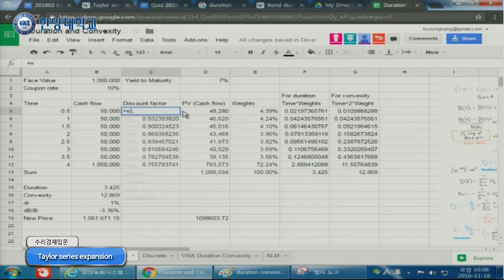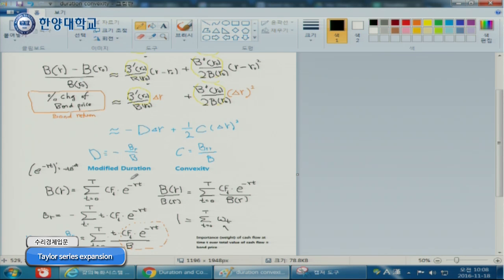So the discount factor is exponential of minus yield to maturity times time over here, and I drag the discount factor. If I multiply this and this, then I can calculate this part, present value.